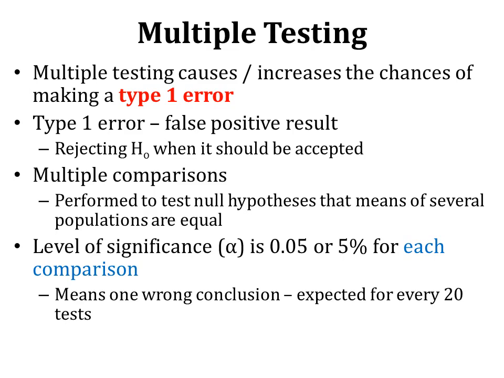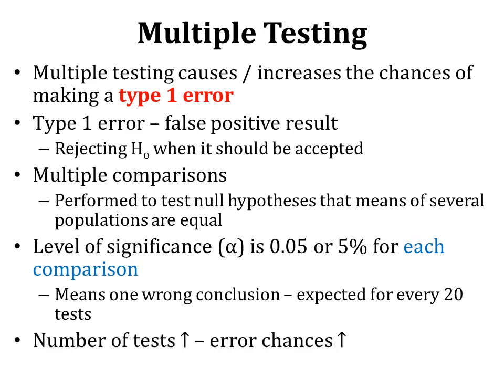So what if you are doing multiple tests for a single experiment? You are making a 5% error in each of these tests, and these 5% errors are going to add up because you're doing multiple tests for a single experiment. So it means that you're increasing your chances of making a type 1 error. As the number of tests increases, the chances of making an error increase.